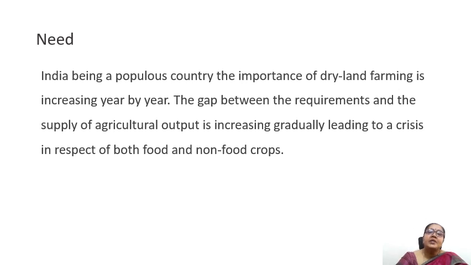The gap between the requirements and the supply of agricultural output is increasing, and gradually this is leading to a crisis in terms of both food and non-food crops. There's been a huge demand which the government is trying to fulfill. So we need to increase our agricultural production, and as a result, we need to increase the agricultural area.